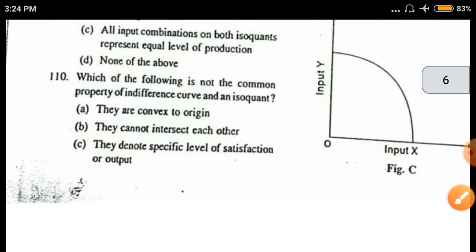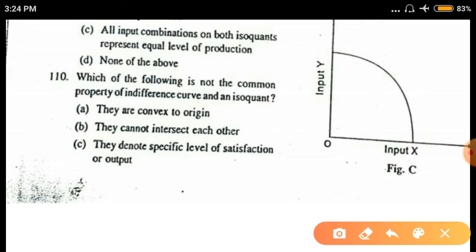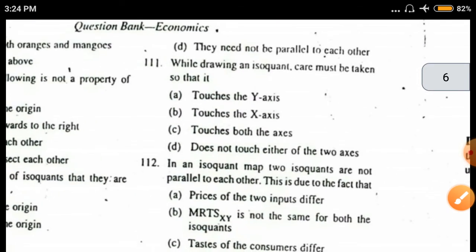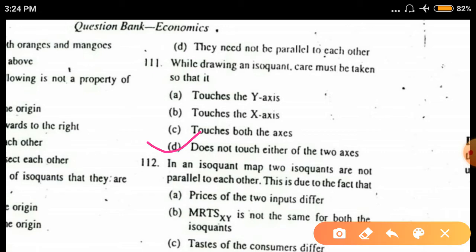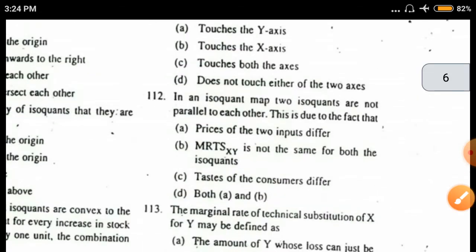Question number 110. Which of the following is not the common property of indifference curve and isoquants? Option C, they denote specific level of satisfaction or output. 111. While drawing an isoquant, care must be taken so that it does not touch either of the two axes.